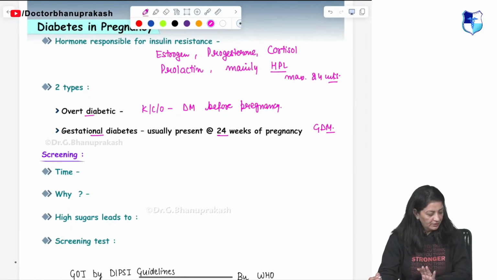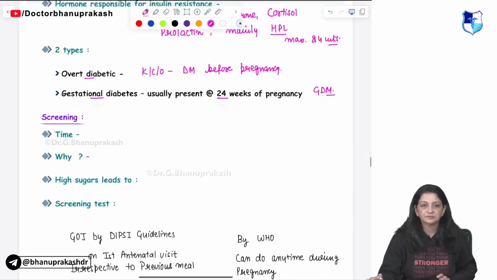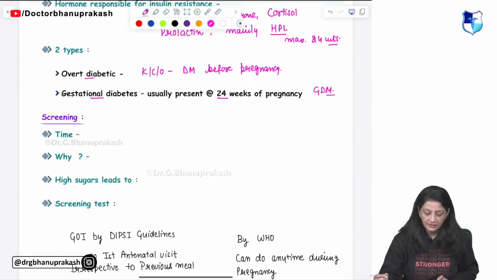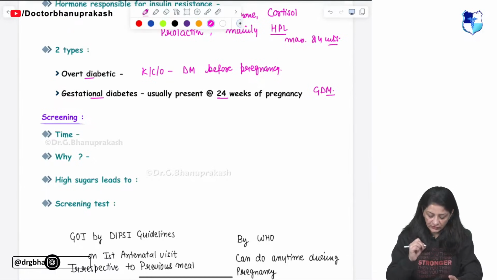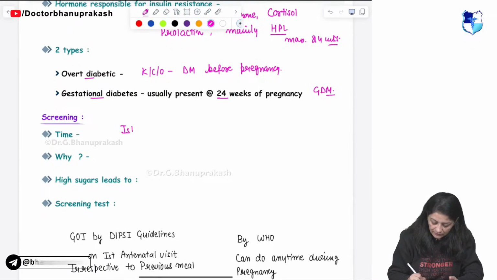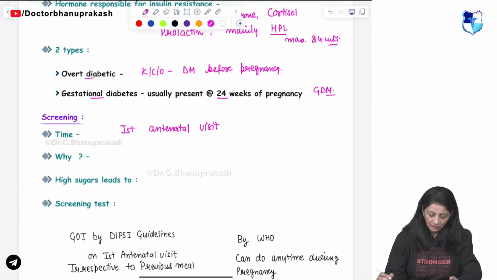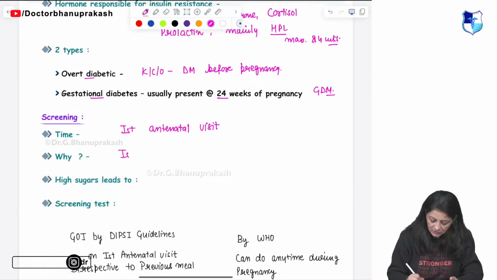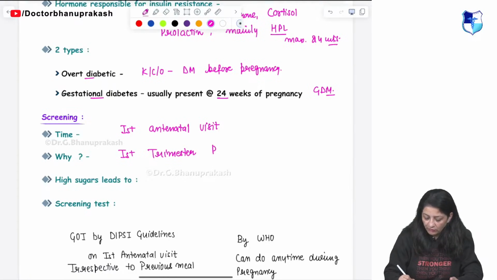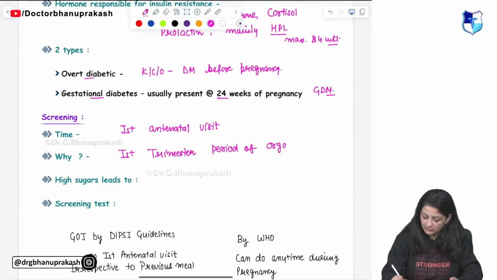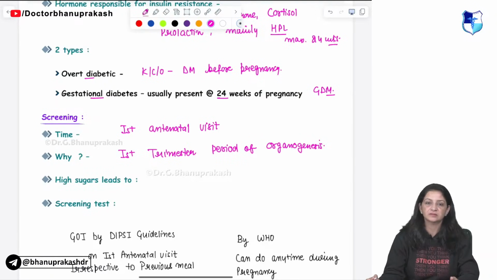So clear? Now, screening is very, very important for GDM. Time of screening: on first antenatal visit. Why? Because first trimester is a period of organogenesis, formation of organs in first trimester.